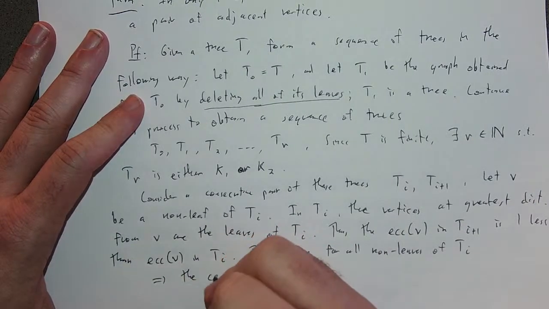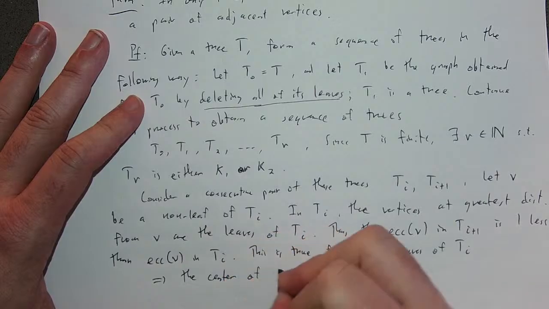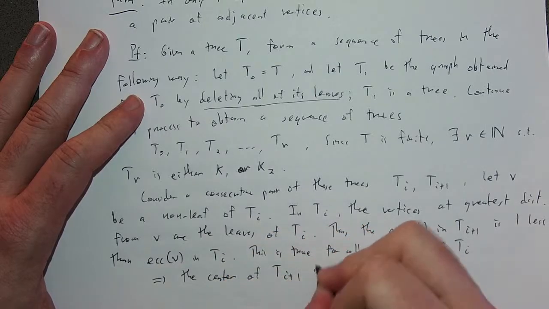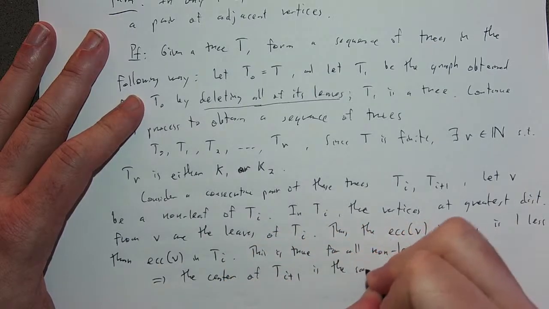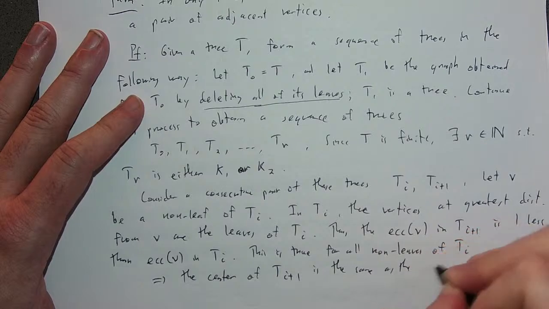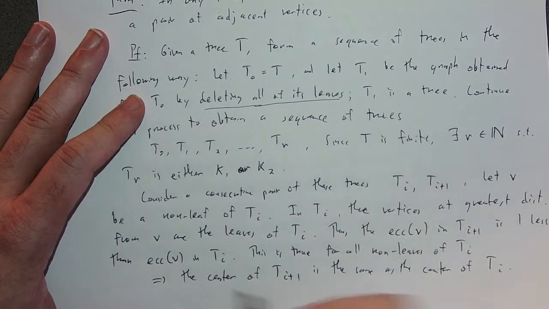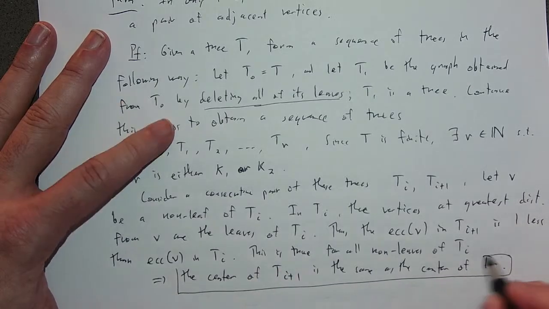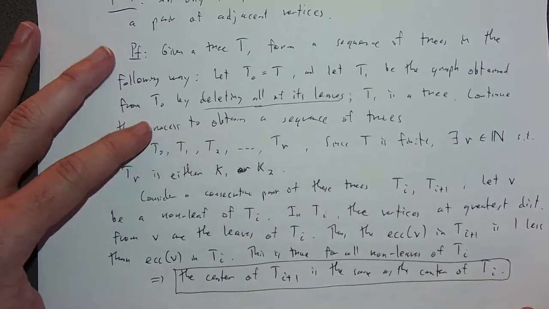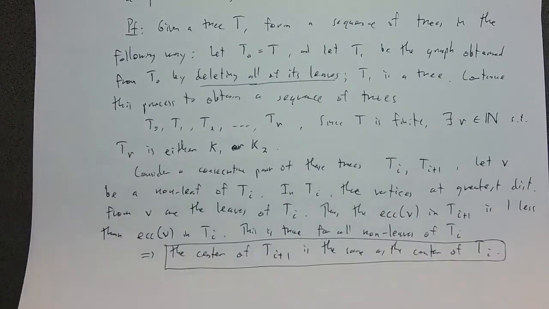This implies that the center of T sub I plus 1 is the same as the center of T sub I. And this is the thing that finishes it. We're done once we realize this.